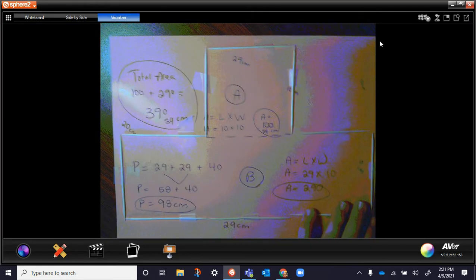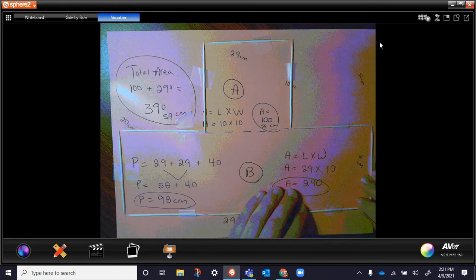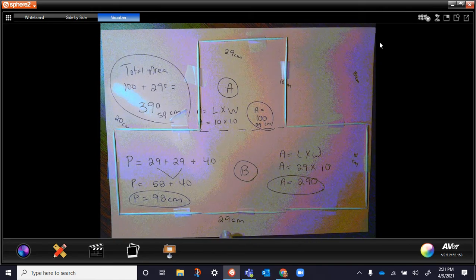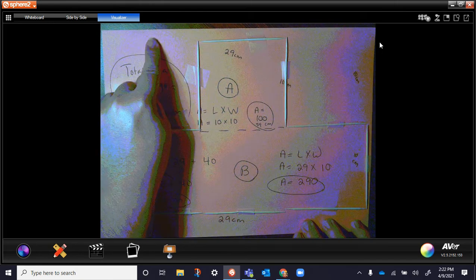So here's our shape that we made with the toothpicks. I taped them down so it would stay so I could show you. When you're finding the perimeter, we needed all the sides of the shape. So we moved this one straight up.